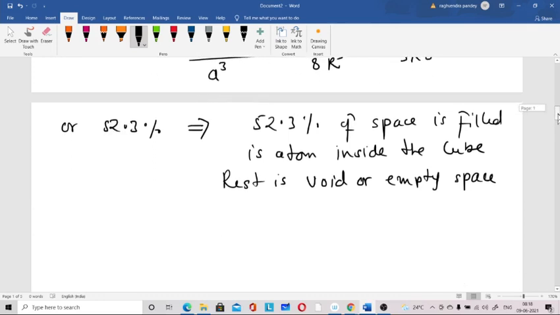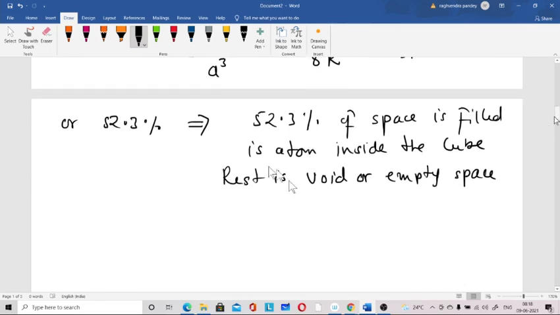Okay. So out of 100, that will be 47.7, so approximately you can write 48 or 52, like that. Okay, so that is your void space. So this is your filled space, and the rest is your void space. Got it? So this is the thing that you have to see. Okay, so that is your void space. Got it?